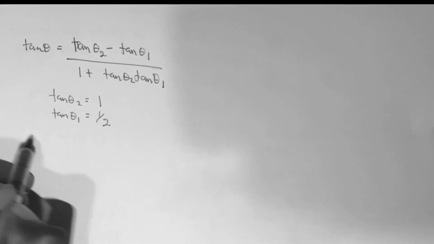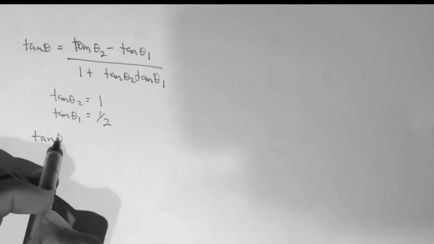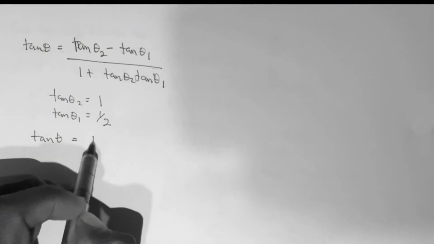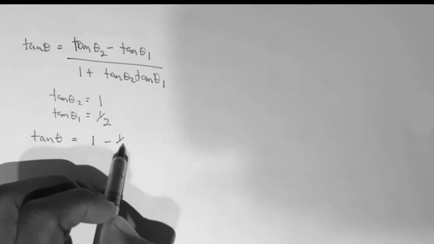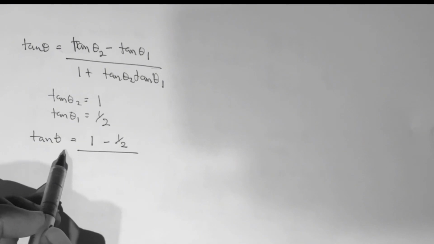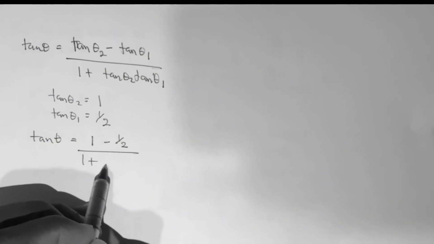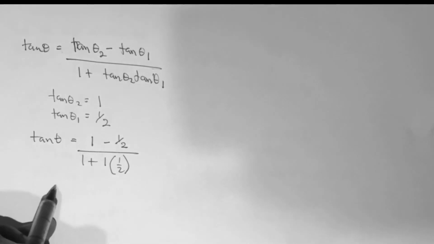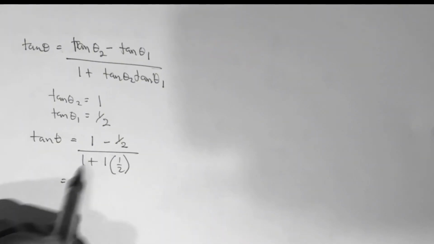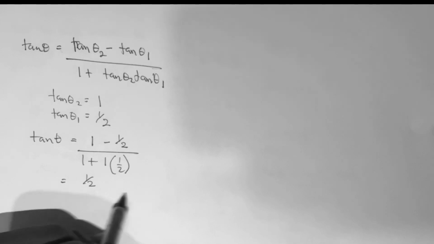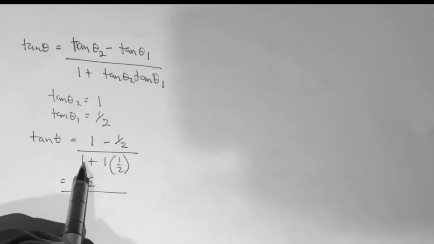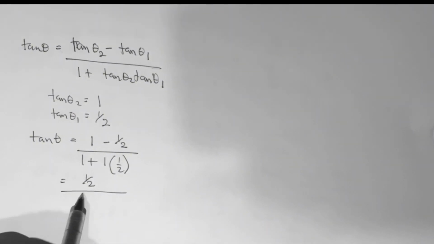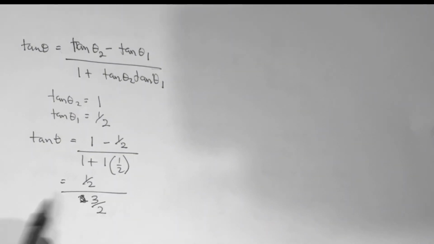So it implies that tan theta is equal to tan theta 2, which is 1, minus tan theta 1, 1 over 2, divided by 1 plus tan theta 2, which is 1, times tan theta 1, 1 over 2. So this is equal to 1 minus 1 over 2, which is 1 over 2, divided by 1 plus 1 times 1 over 2, which is 1 over 2. 1 over 2 plus 1 is 3 over 2.